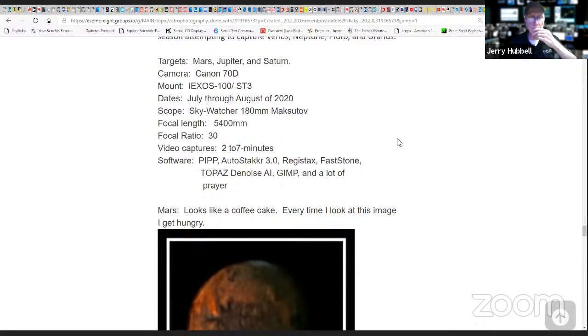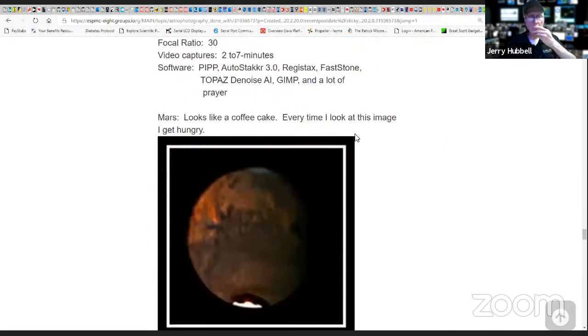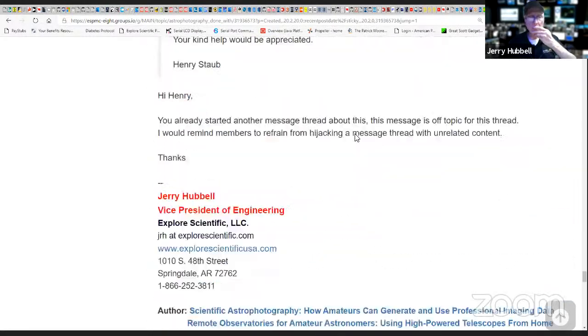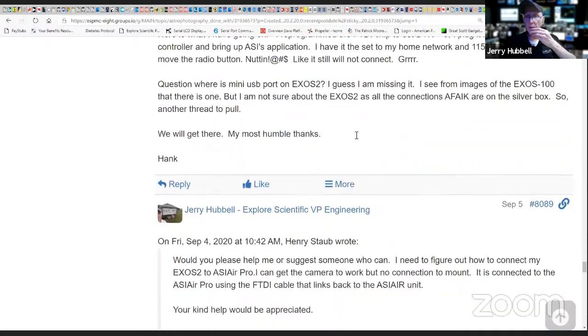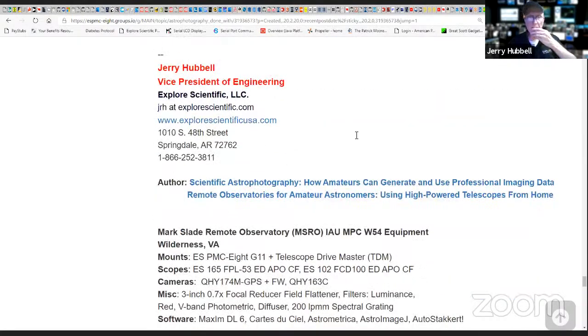That can't be the focal length of that scope. 180 though. You think it's got a Barlow on it or something? That's like a 7-inch. Is that right? 180 is 7 inches. I think 178 is 7 inches. Yeah, cool. Very nice. I think that's it. When was this? I don't know what the date was on this. Back at the beginning of September.